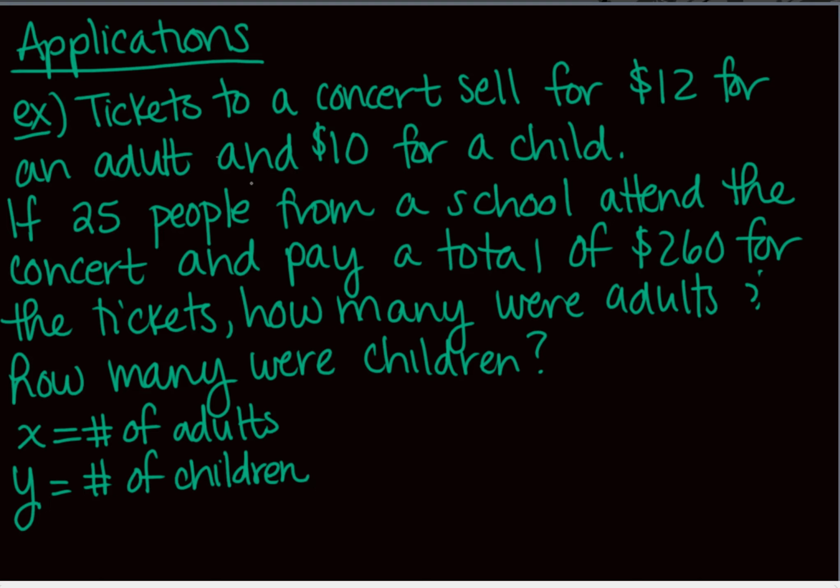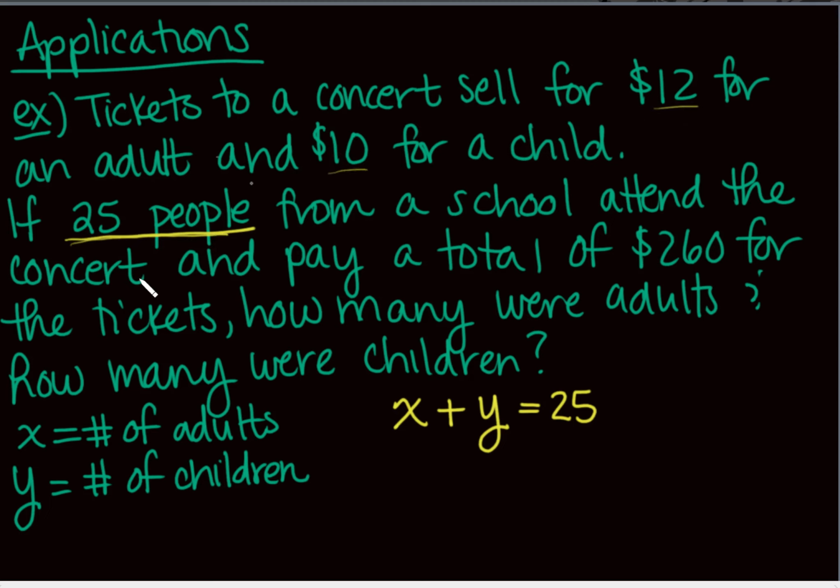All right, so we have some information here. We know that there are 25 people that attended the concert, right? So if I take the number of adults and I add the number of children, I should have 25 people. So that's going to be my first bit of information. That was just the first thing that I can glance. I know tickets are this much, and I'm going to deal with that in a moment.